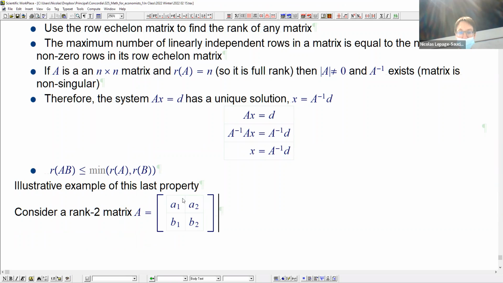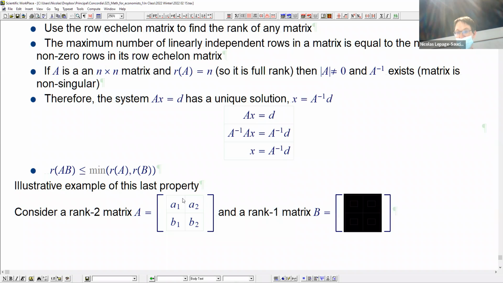And a rank 1 matrix, which would be something like, so imagine that I don't have enough information, so I just have C1, C2 and 0, 0.